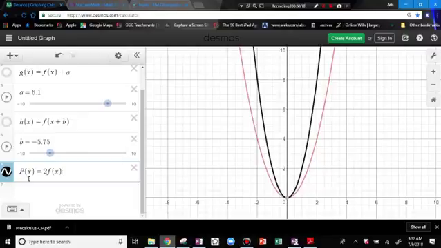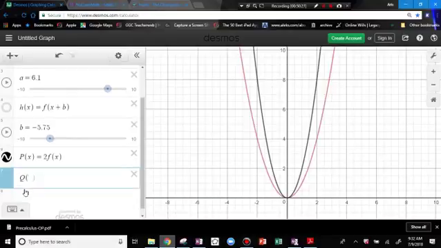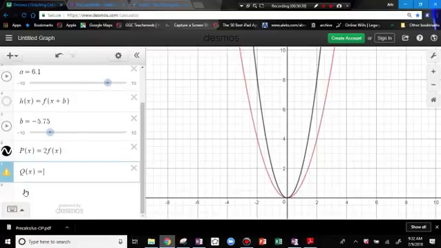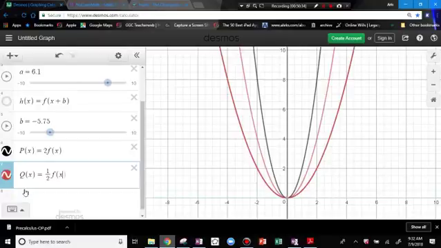Now the great skeptic says, well, is it always going to be a stretch? If I have q of x equal to 1/2 f of x, you're not steepening it, you're widening it, right?